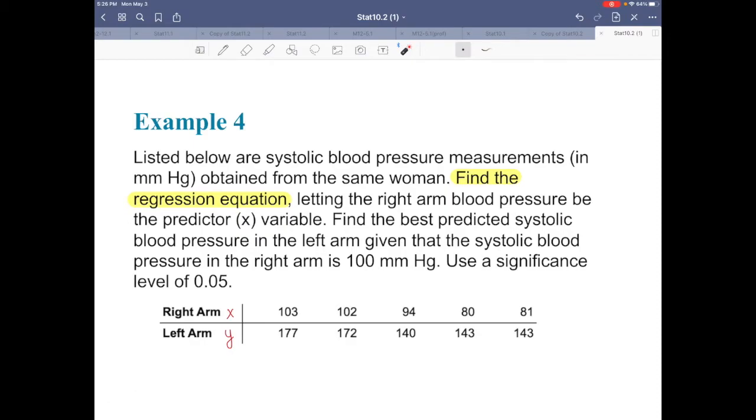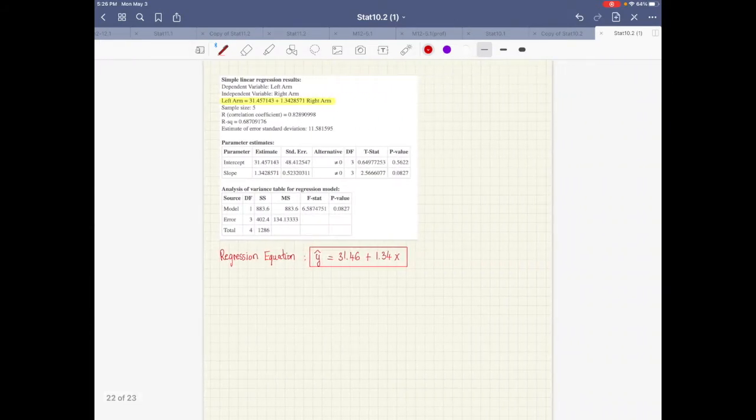The question wants me to predict the pressure in the left arm if the pressure in the right arm is 100. Which means they say when x is 100, what is your y? Or what is your predicted y value?